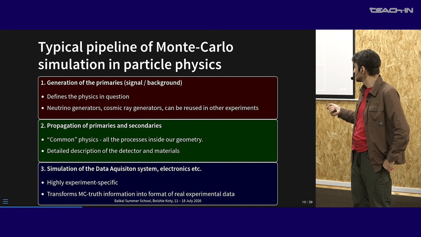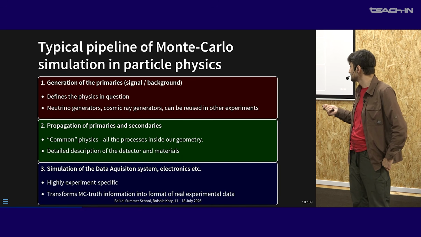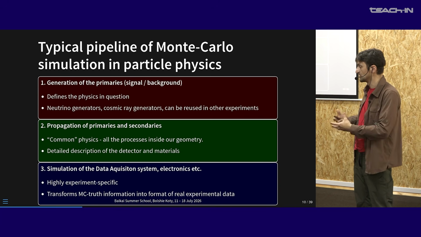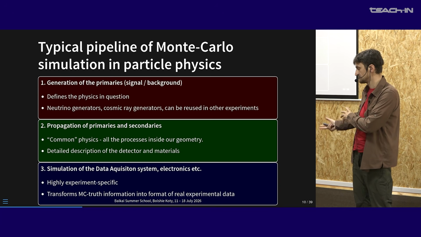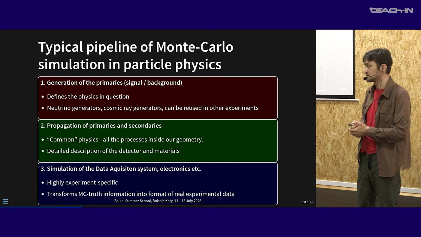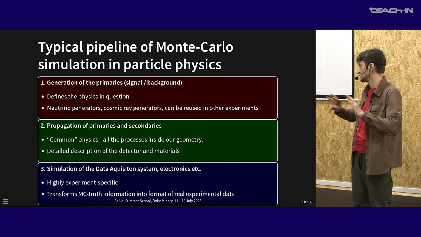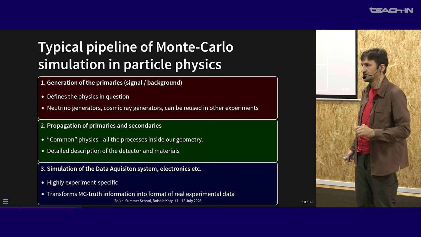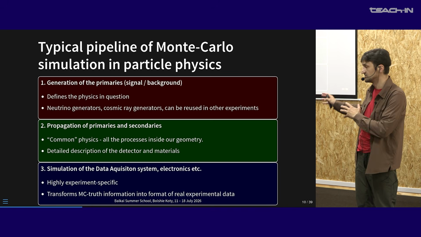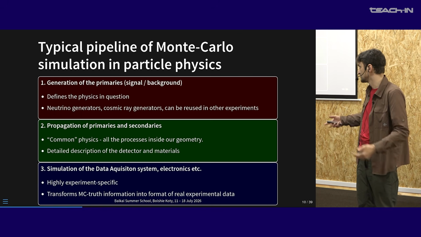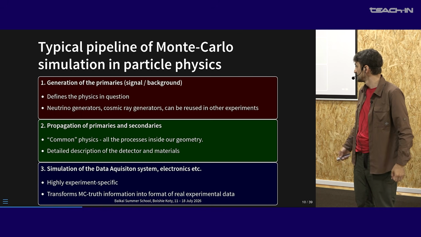And the next layer would be the simulation of the actual data acquisition. So how do we get from these particles to what we see in the experiment? This is usually highly experiment specific. It's, let's say, not portable, and each experiment defines it on its own.